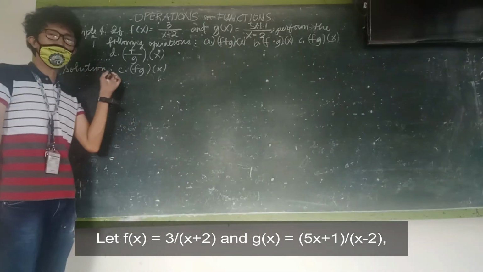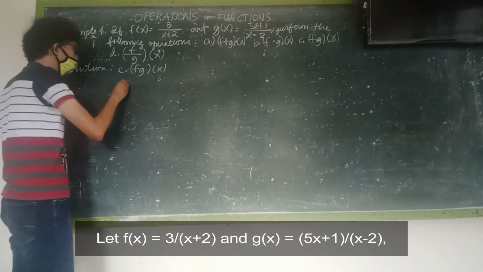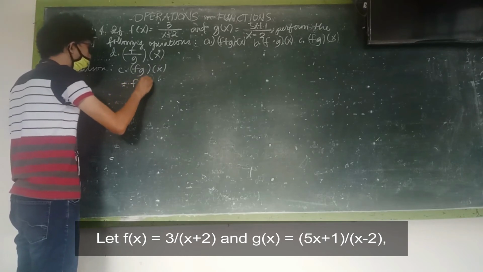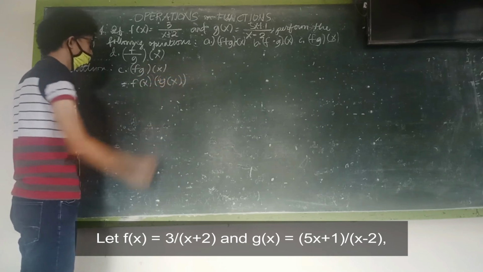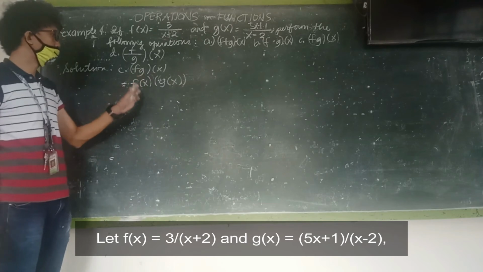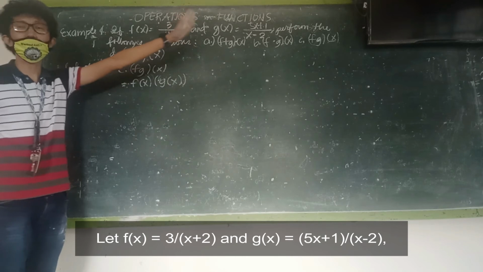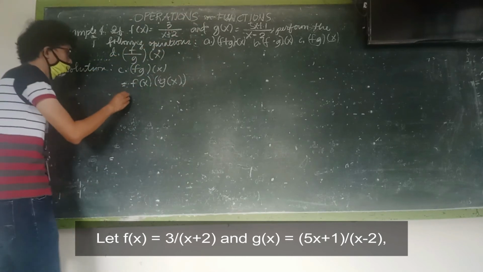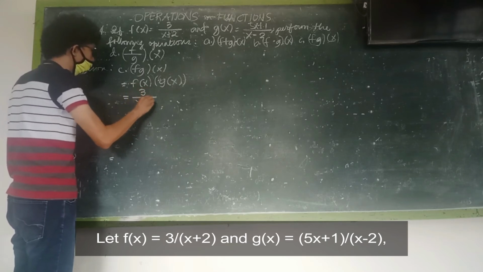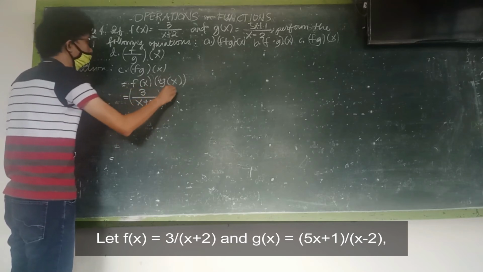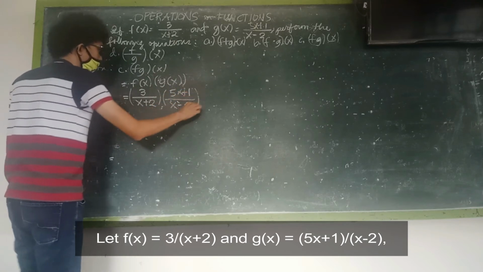We have example number 4, letter C. f g of x, so this is actually equal to f of x times g of x. And we will substitute f of x with 3 all over x plus 2 and g of x with 5x plus 1 over x minus 2. So, kasi multiply tayo, we have 3 all over x plus 2 times 5x plus 1 all over x minus 2.